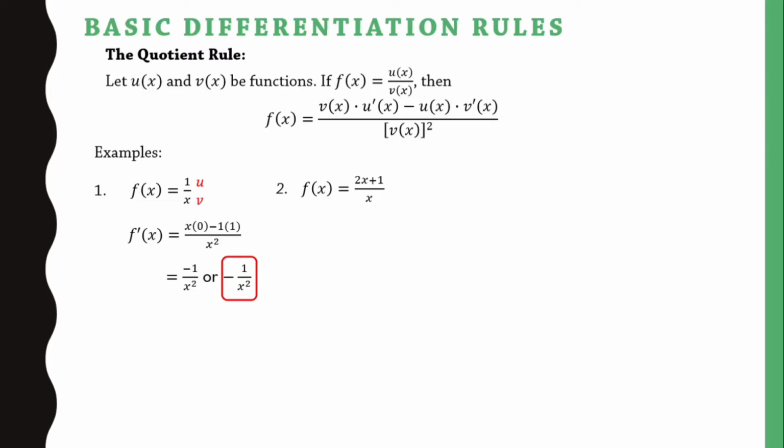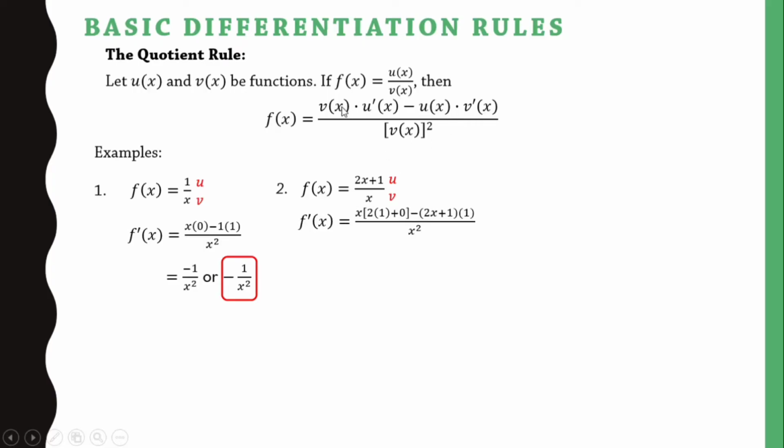Second example, we have f of x equals 2x plus 1 over x. Derivative here, so we represent our u as 2x plus 1, and our v here is represented by x. So again, use the quotient rule. v times u prime of x minus u times v prime of x all over v squared.